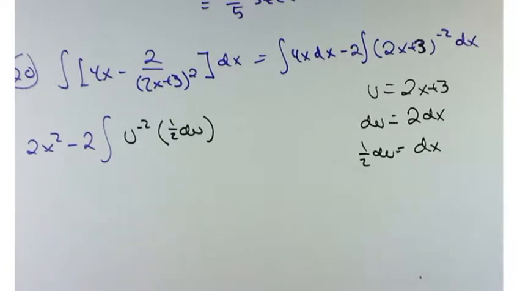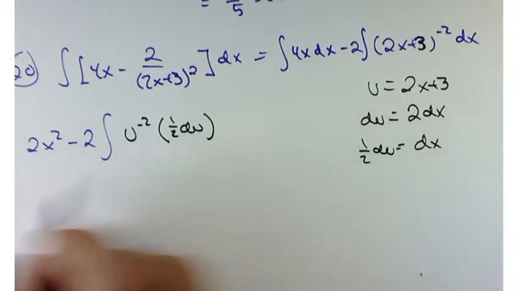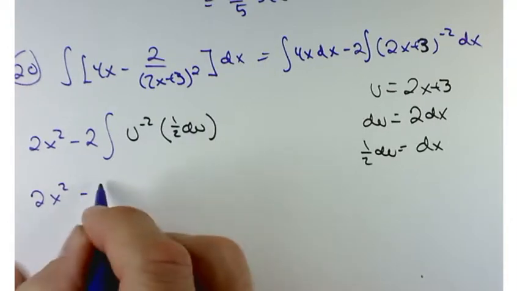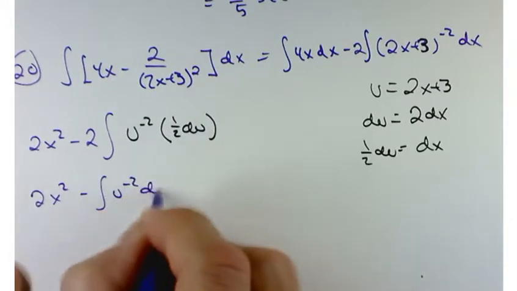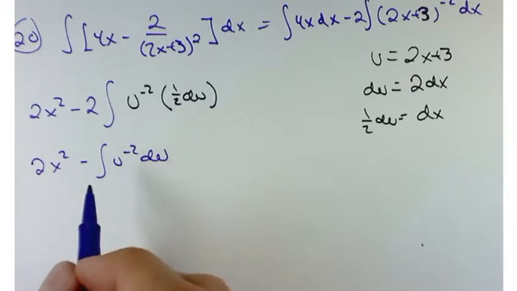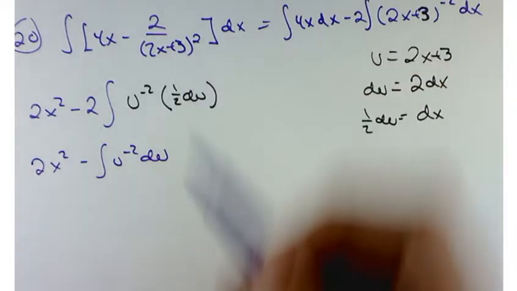These cancel each other out. 2x squared minus the integral of u to the negative second du. So that's nice. Make sure that when you're all done that you get back to the original units.